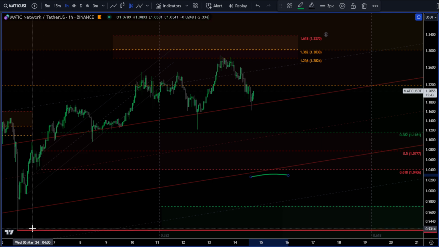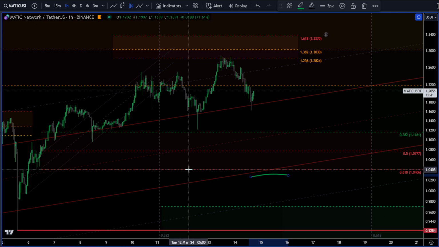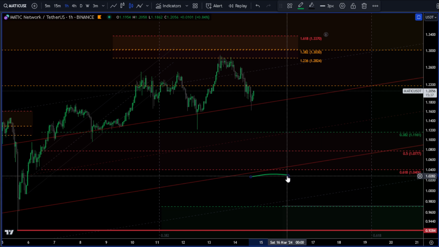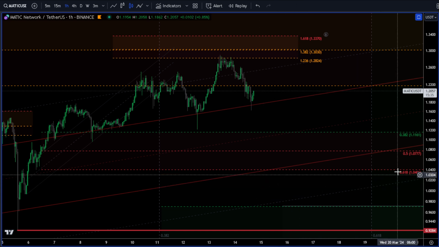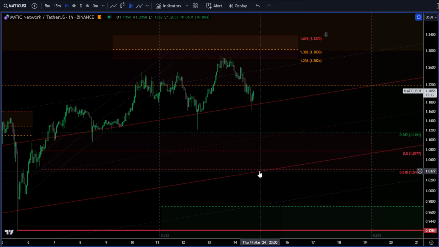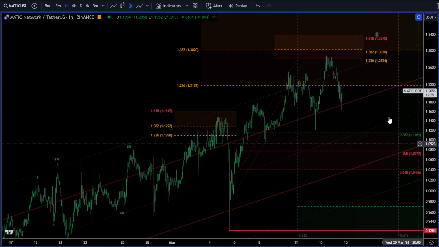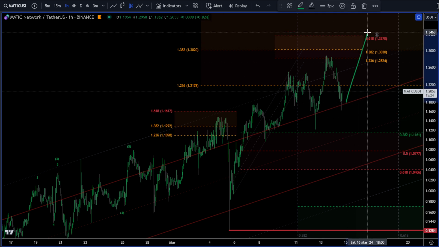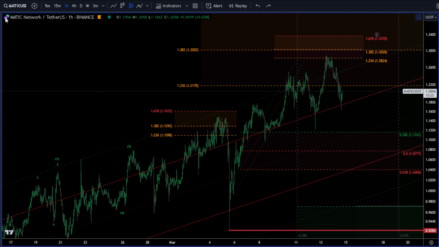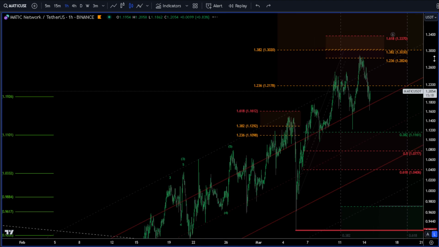Obviously, invalidation of this as a wave 1 and 2 is at 92.84. But yeah, I'm going to raise my stops to that area anyway, about 102, 103, just past the 618, because I want to see this really get moving to consider this valid anymore, at least the way it's currently counted.